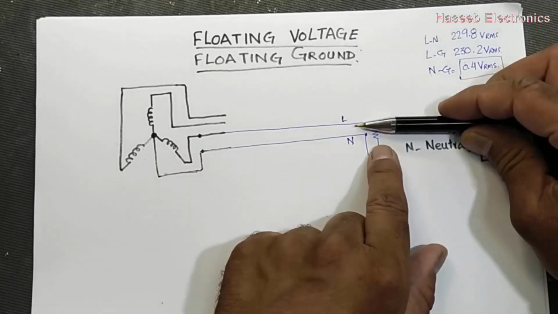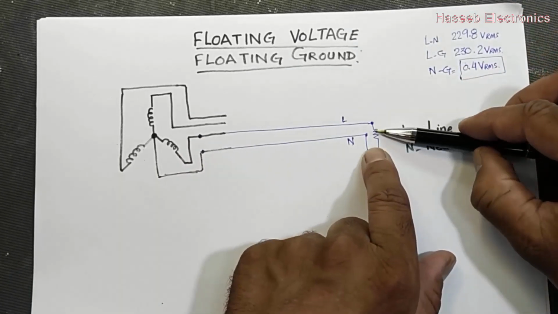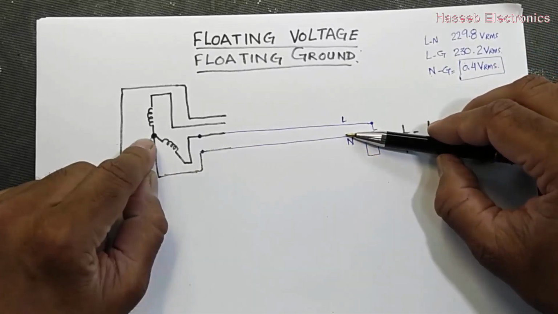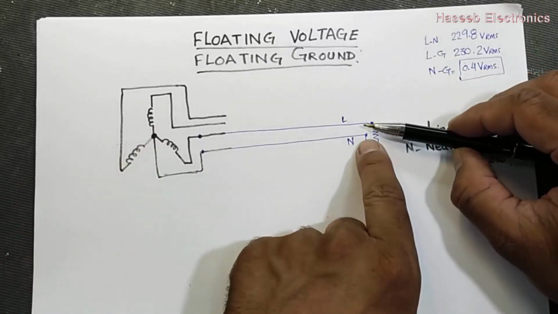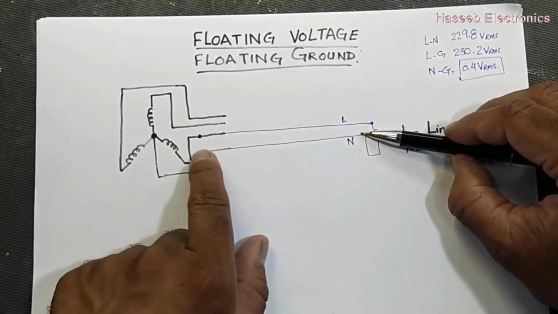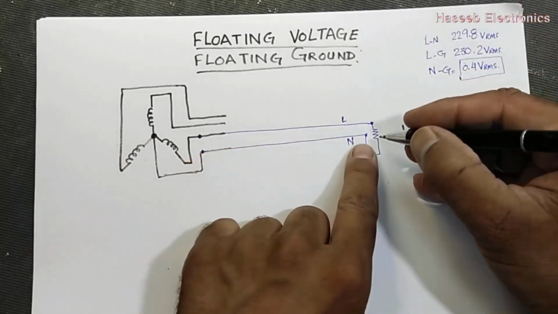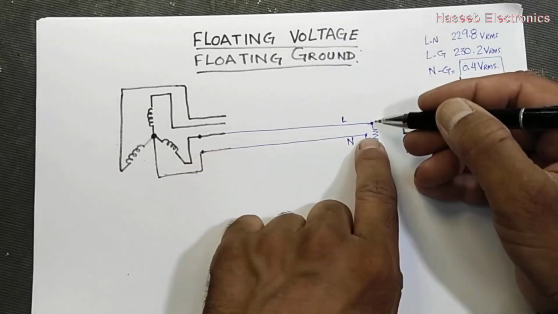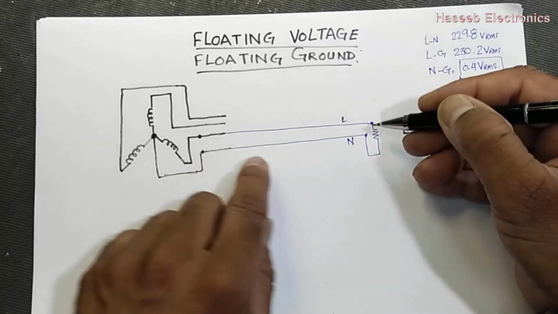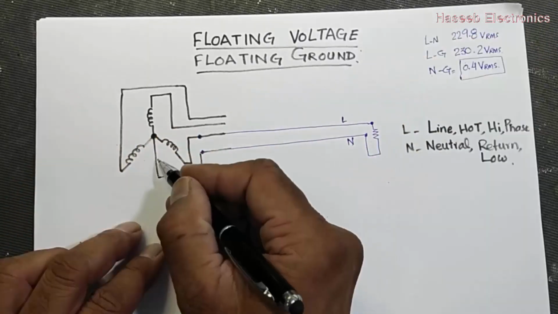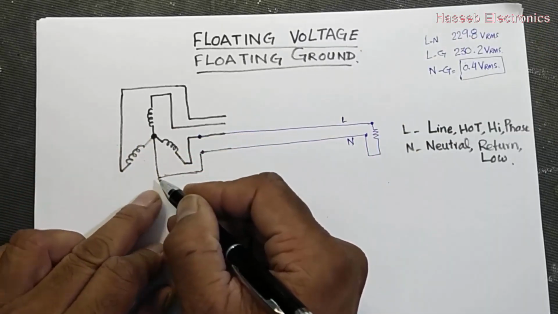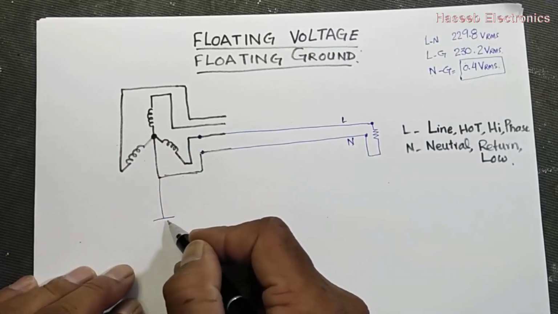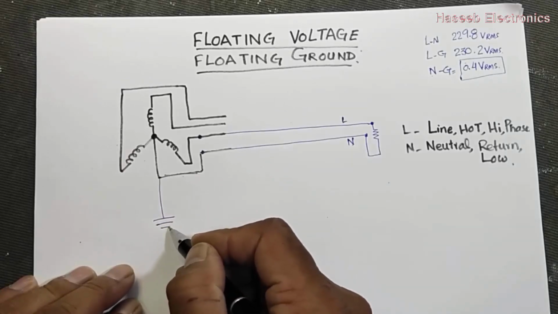Now if we look from the starting end of the neutral towards the dead point, we have another conductor here, so it will drop voltage in this portion. So voltage from this point to this point and this point to this point will differ. Now this neutral line is connected to ground, good earth.